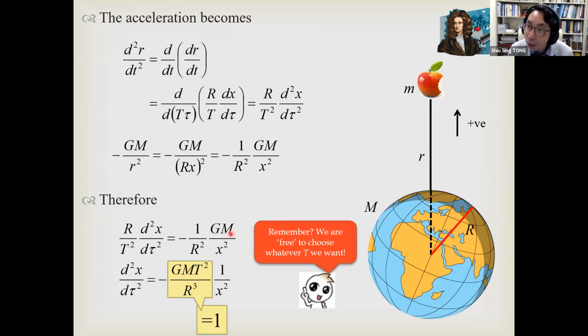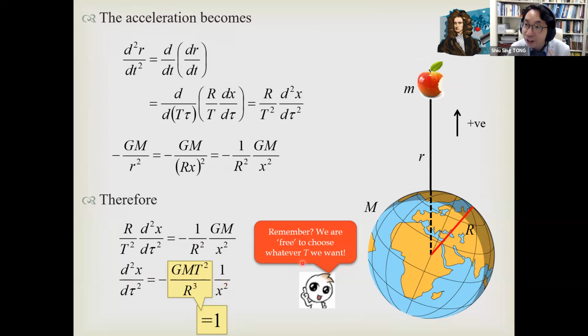The GM is constant, the R squared is constant, the big R and the big T squared are constant. So we put them all together on one side, and that forms a constant GM T squared over R cubed. Okay, so the equation becomes something like this.